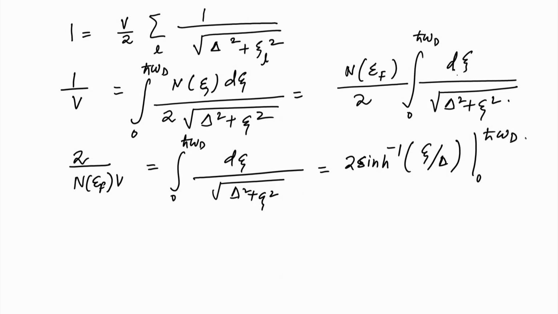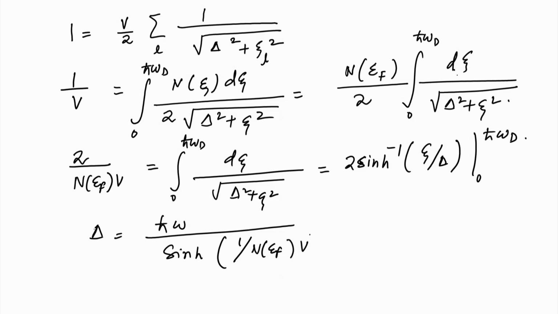If we put these values and rearrange, then we will get delta equal to ħω_D divided by sinh of 1 divided by N(ε_F) V.